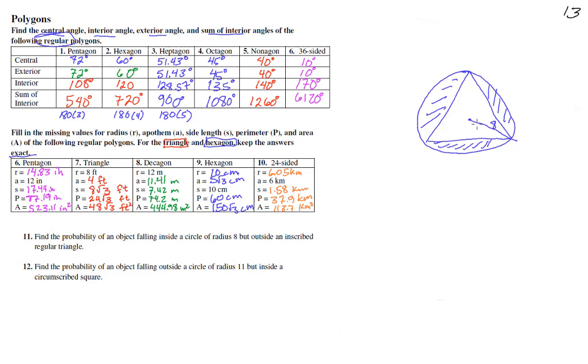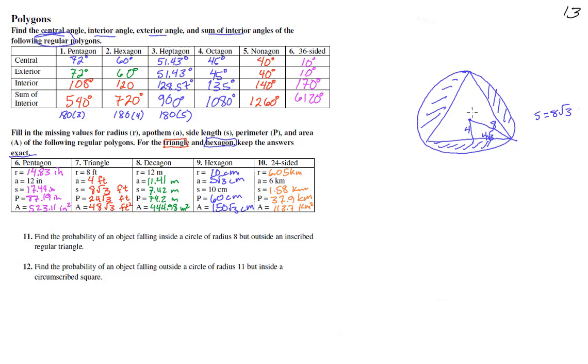So let's go ahead, and this is a triangle, so we can keep everything exact. This is going to be a 30, 60, 90 triangle. That's going to be 4, and that's 4 square roots of 3. So the side length is 8 square roots of 3.